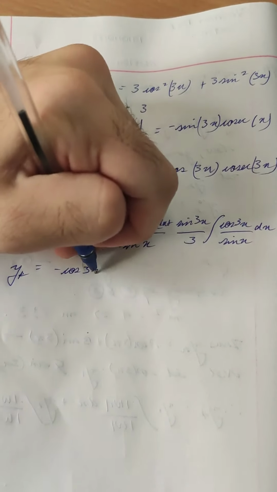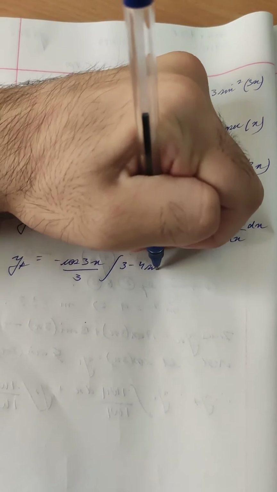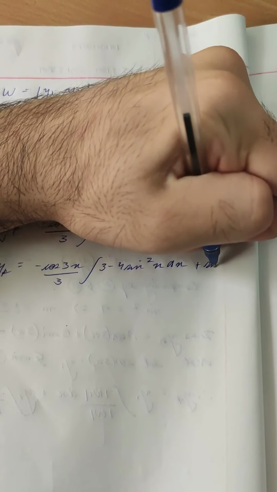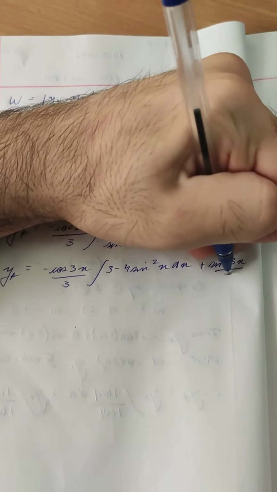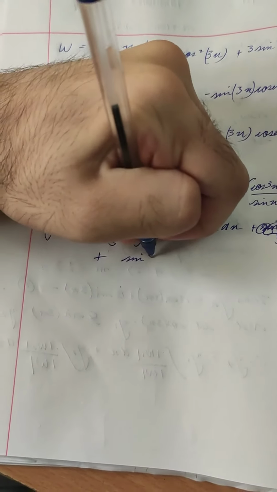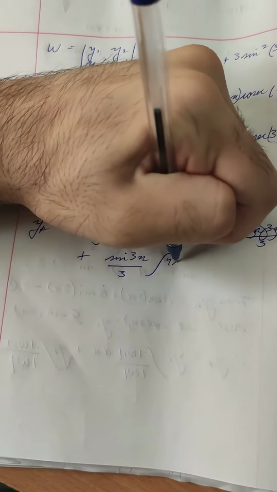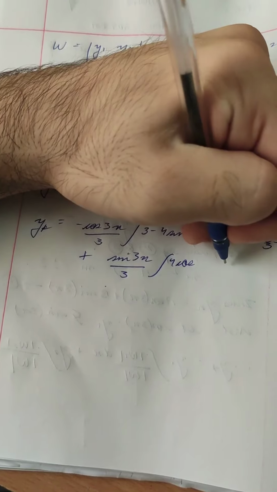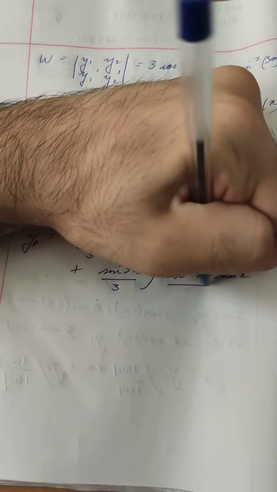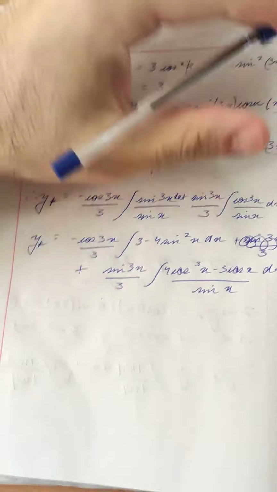So this is minus cos 3x upon 3 integration of 3 minus, it is nothing but simple integration, although it is a lengthy one, sine 3x by 3, let me put this in another line, plus sine 3x by 3 integration of 4 cos cube x minus 3 cos x upon sine x dx, right? This seems correct.